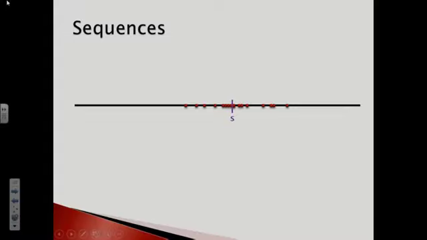It can be seen that the terms of the sequence are approaching S. In general, if the term of the sequence approaches the number S as n increases without bound, we say that the sequence converges to the limit S and write S equals the limit of Sn when n tends to infinity.